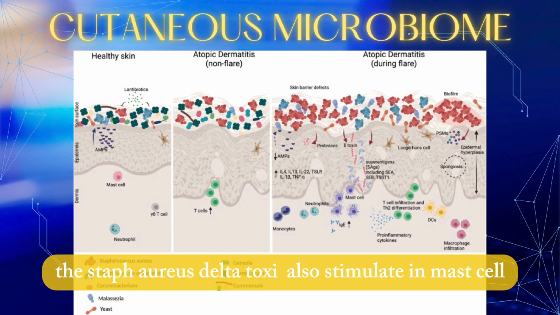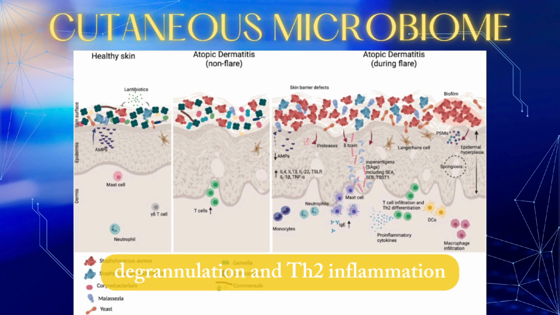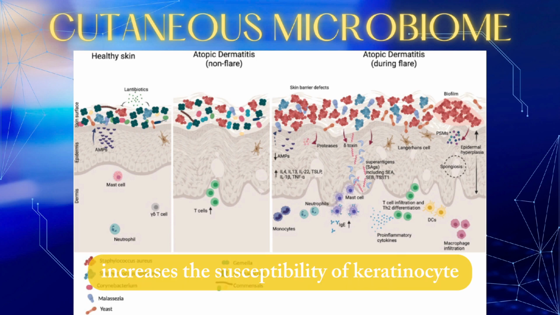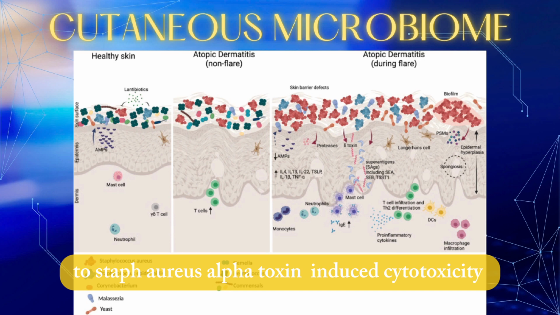The Staph aureus delta toxin also stimulates mast cell degranulation and tissue inflammation. In addition, filaggrin deficiency increases the susceptibility of keratinocytes to Staph aureus alpha-toxin-induced cytotoxicity.